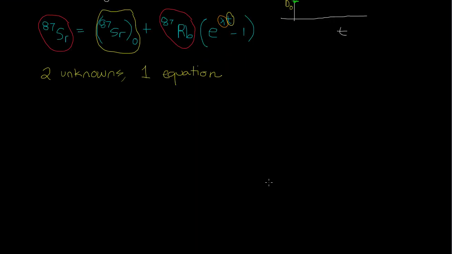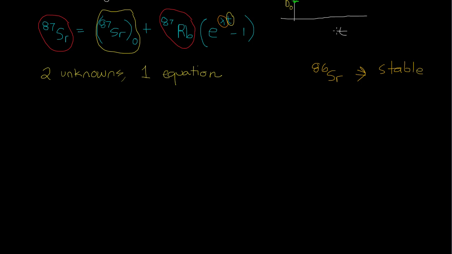Now, these things in red that I've circled are actually kind of hard to measure directly. It's much easier to measure ratios of isotopes. So in the case of strontium, it turns out that strontium 86 is a stable isotope of strontium.